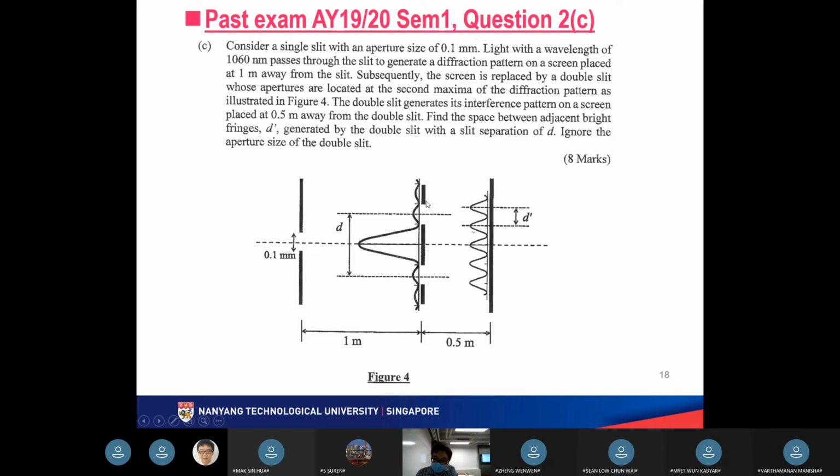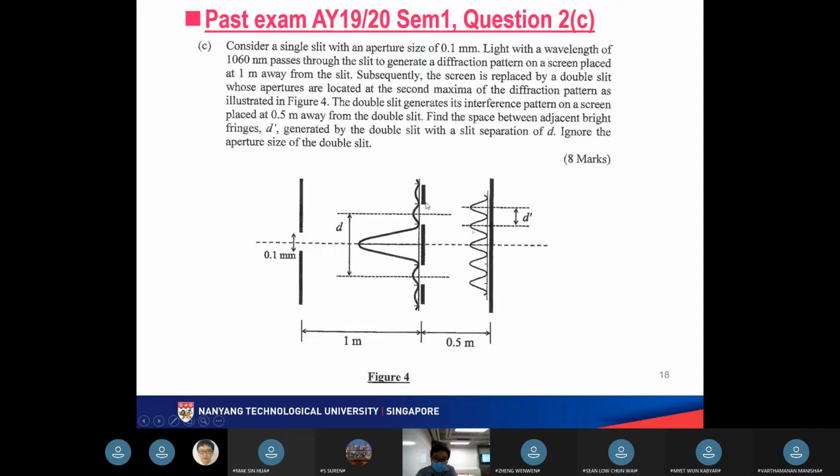The width of each slit just equals the width of the first bright fringe. This is the zeroth bright fringe, and these two are the first bright fringes.